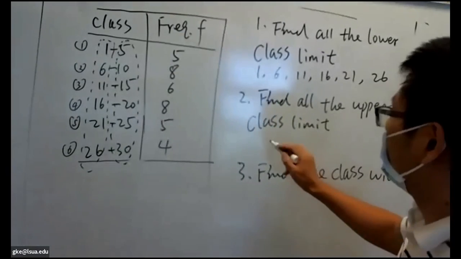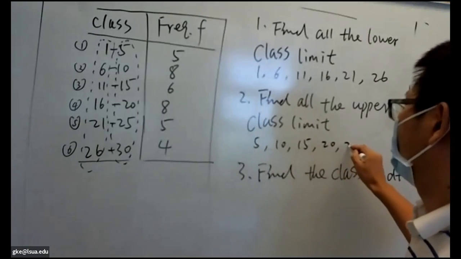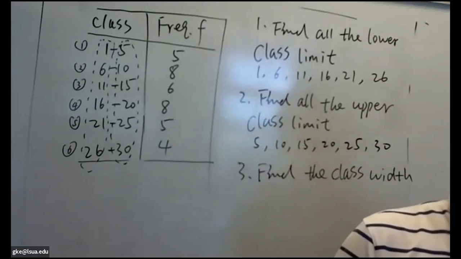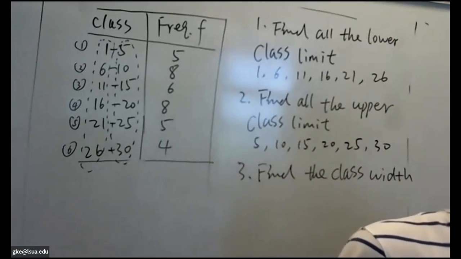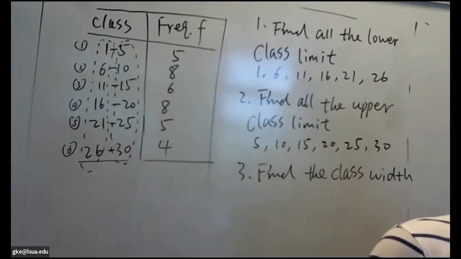We're gonna have 5, 10, 15, 20, 25, 30. It's very straightforward, right? Biggest number in each class.